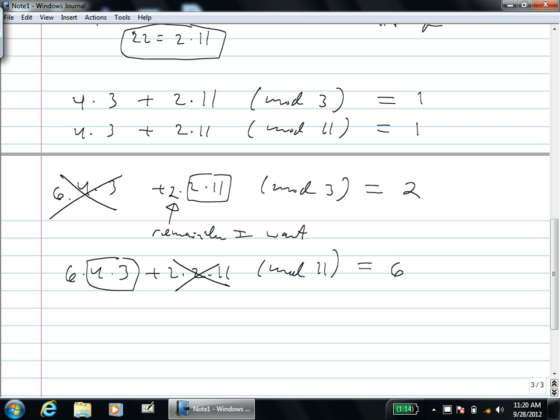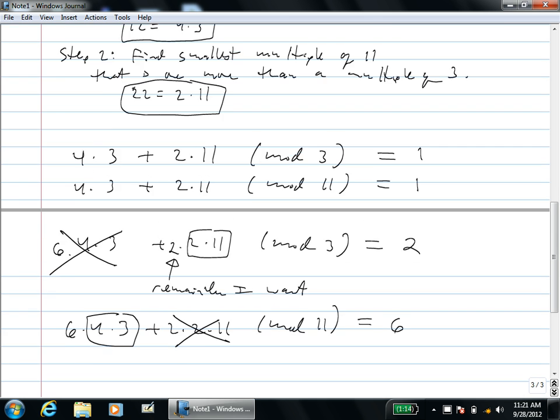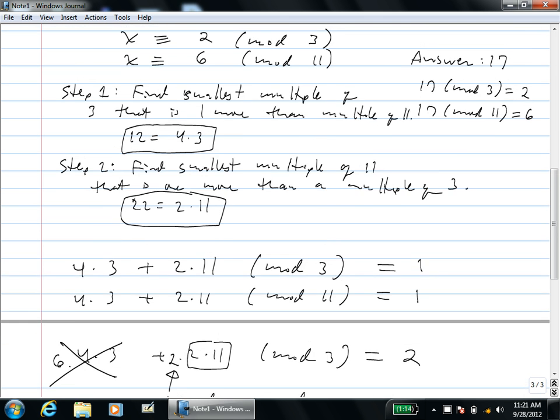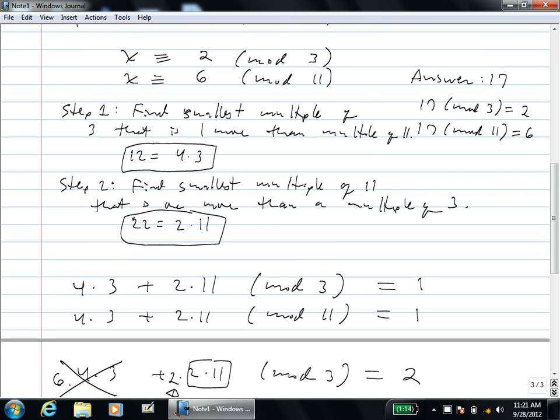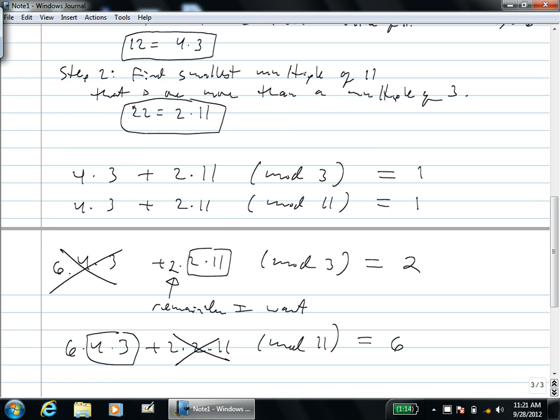And this is a bit confusing. If I turned it into a formula with A's and B's, it would be pretty confusing. But I guess the thing that you'll remember is that the remainder I want when I divide it by 3 is going to go next to the thing with the 11 in it.